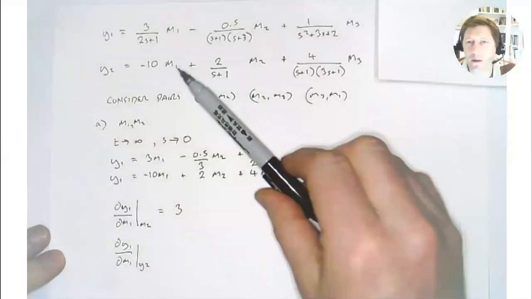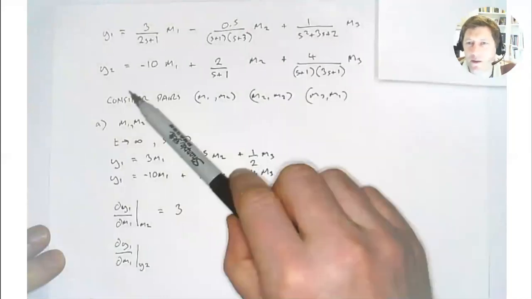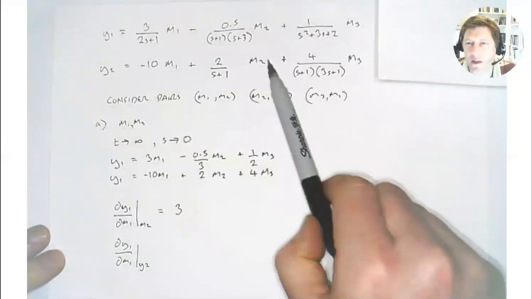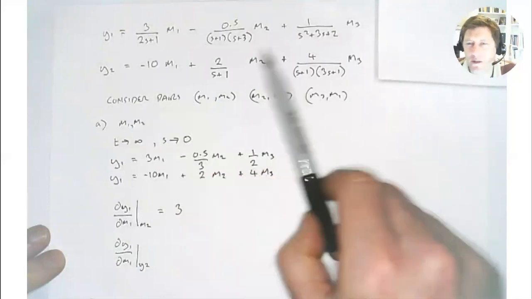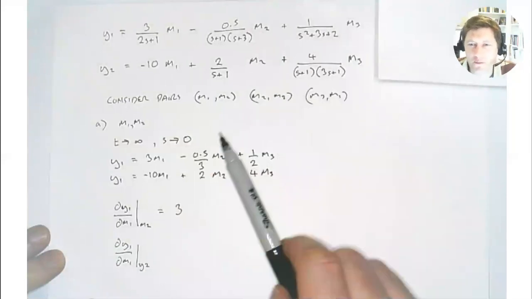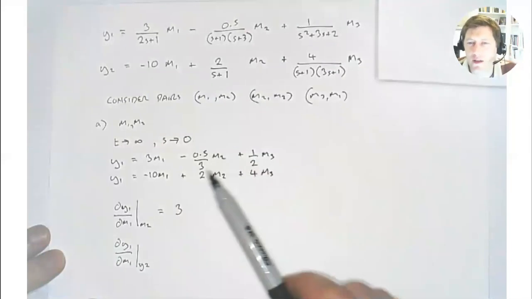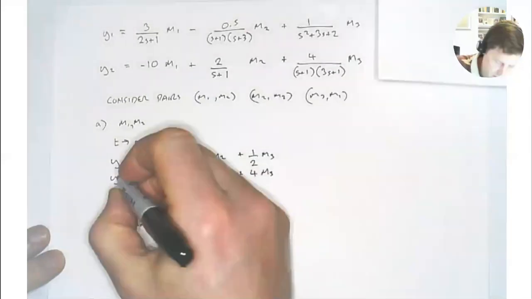How do we do that? Well, if y2 is constant, that means that we can get an expression for m2 in terms of m1, y2, m3, and we can substitute that into there, or likewise into there, so that then we can do the differentiation with y2 fixed. That should be 2 there.